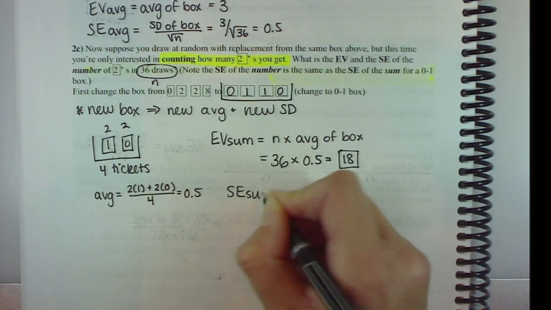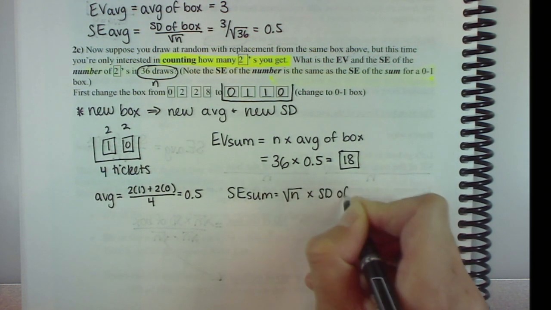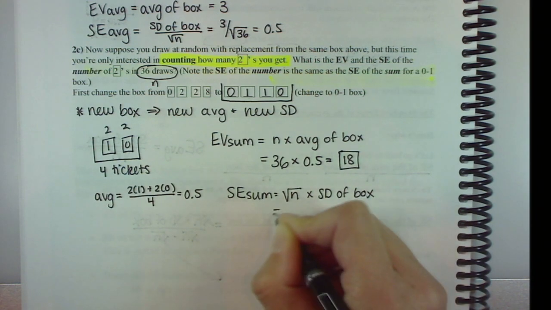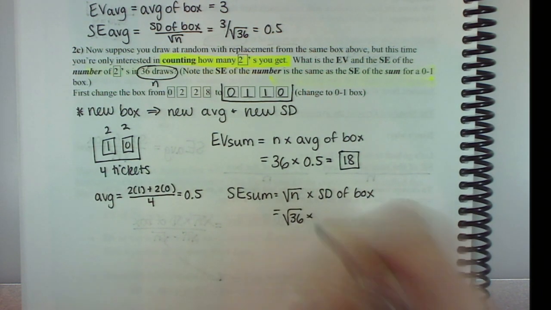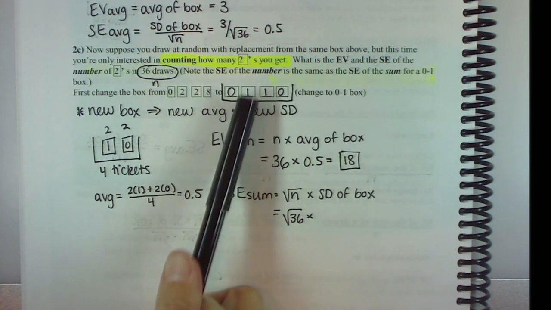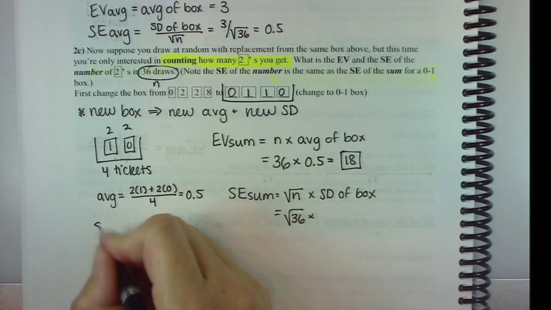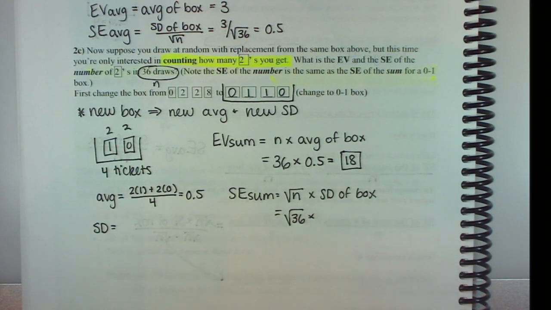The standard error for the sum is the square root of n times the SD of the box. So n is 36. And I have this new box that I'm dealing with, so I need to find the new SD. I can use the shortcut formula here because there's only 1s and 0s.